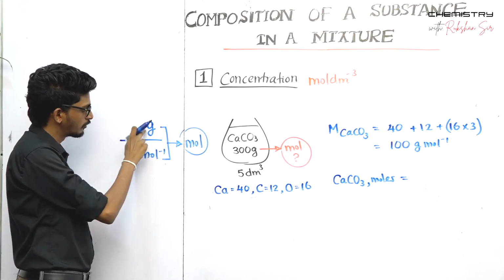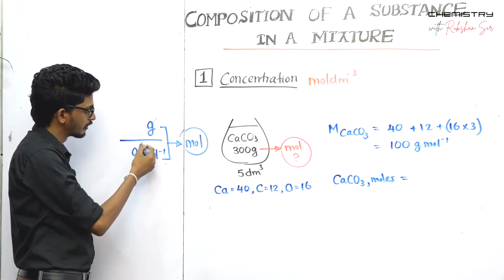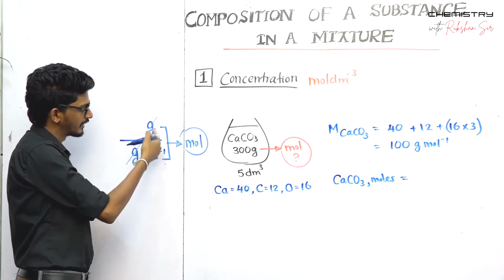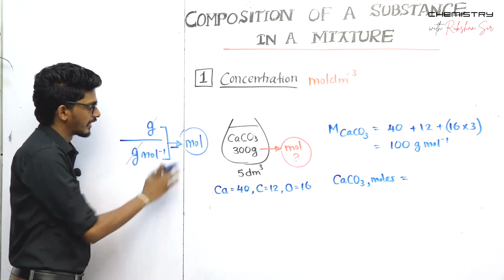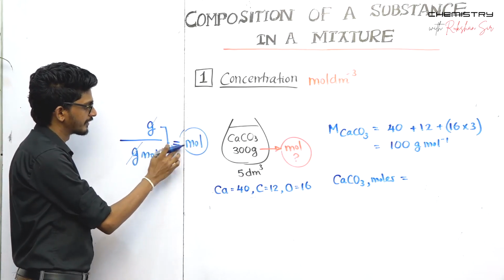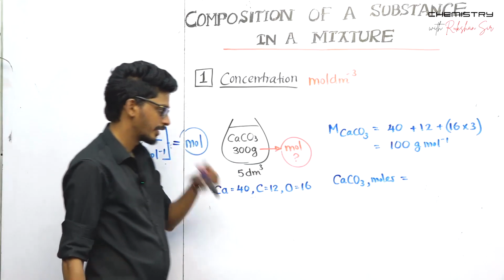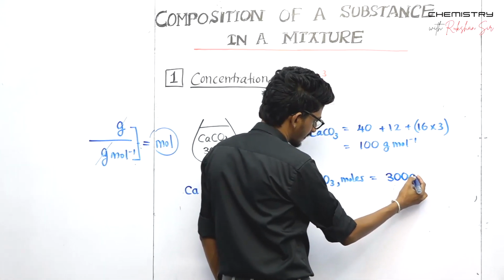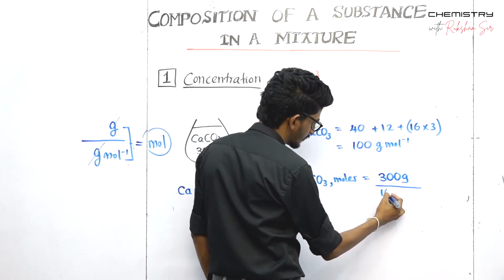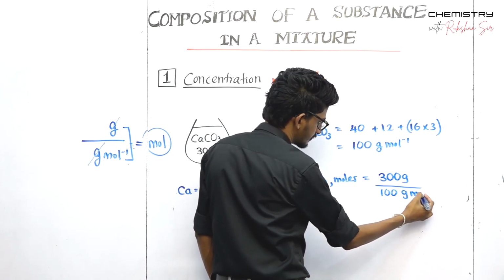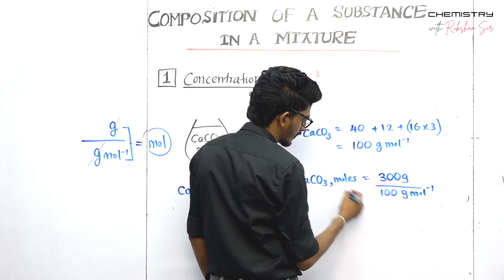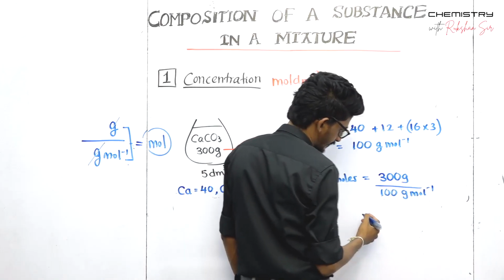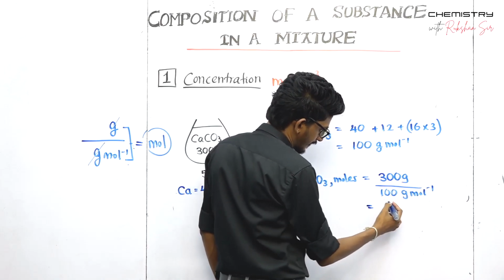If you divide the g value by the g mol^-1 value, the g's cancel off and mole comes to the top, giving you the moles. So let's divide the g value, 300 grams, by the g mol^-1 value. That gives you 3 moles.